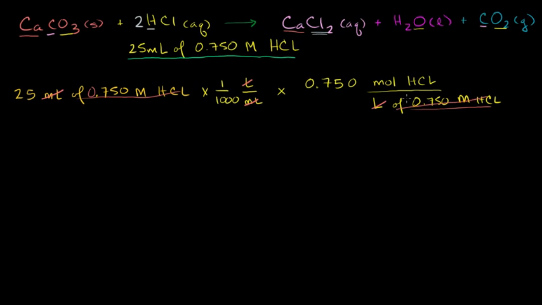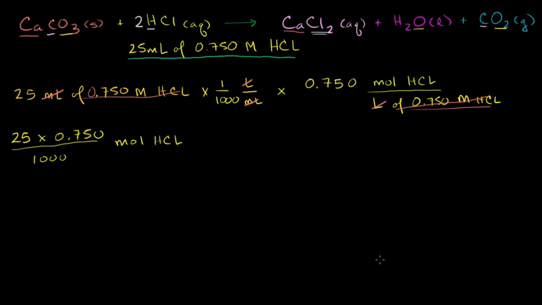hydrochloric acid solution. And then you're left with, let me stay in the same color, 25 times 1 times 0.750 divided by 1,000 moles of hydrochloric acid.